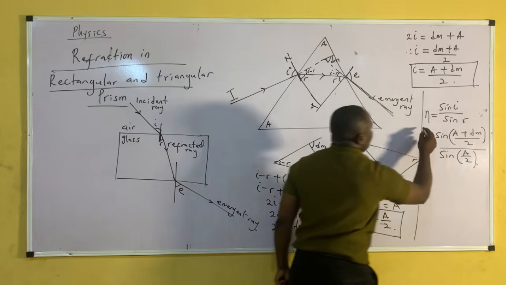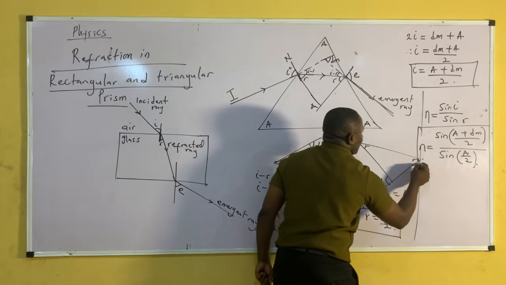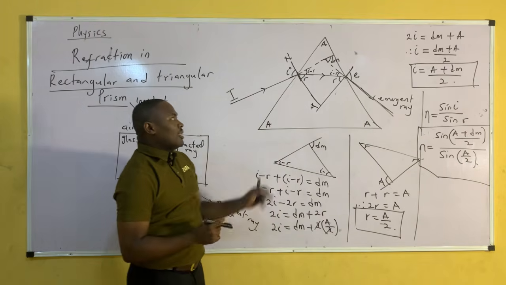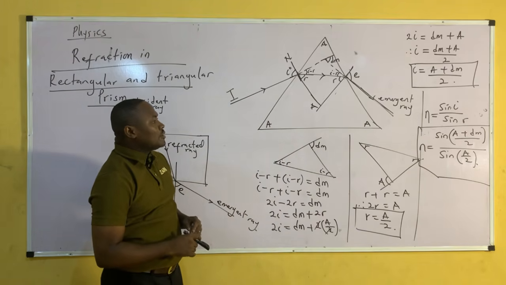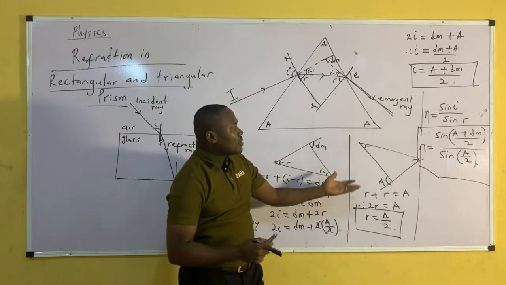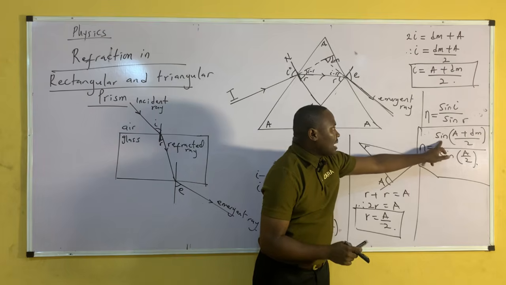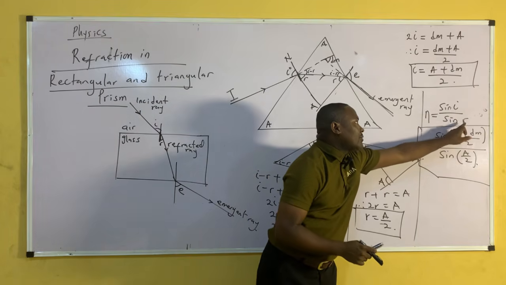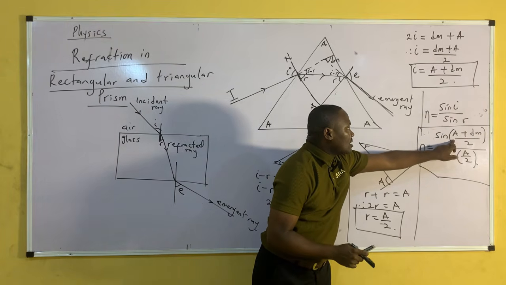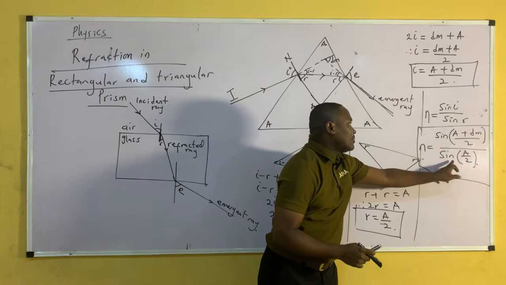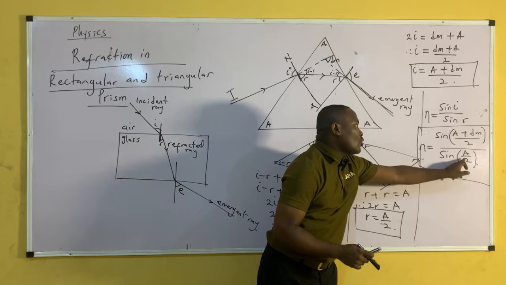This is a formula needed to solve questions on a triangular prism. Now, this is how it is proved, and I just did that. But what is important is this formula: refractive index equals sine of incidence over sine of refraction, where the incidence is (A plus minimal deviation) over 2, and the refraction is A over 2.